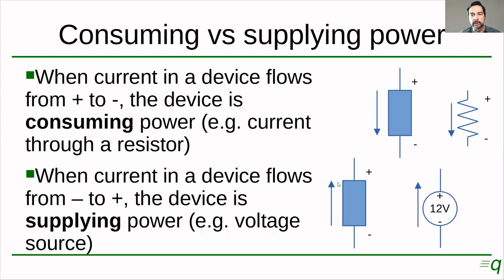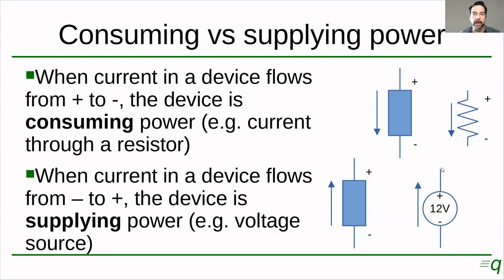And the typical case where this happens is on a voltage source, right? On a voltage source, we have a negative and a positive terminal, and current flows in this direction, from the negative to the positive terminal inside the power source. Actually, it will flow outside the voltage source from the positive to the negative, right?